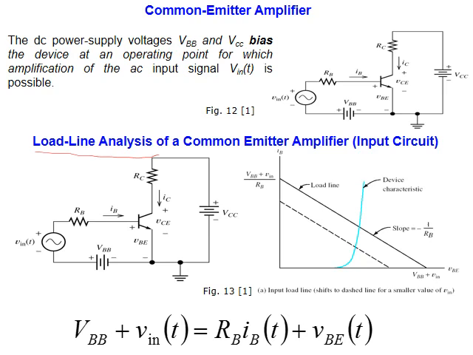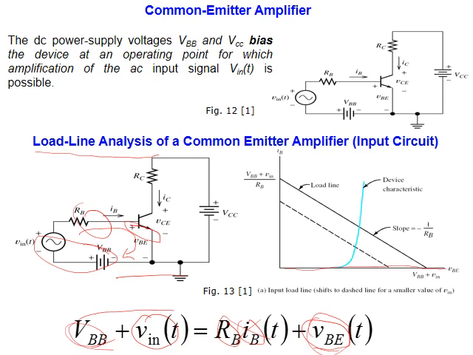For this circuit, if I go to the input circuit here, we have VBB plus Vin, the DC and AC voltages, equal to RB IB, which is the drop here, plus V base emitter.